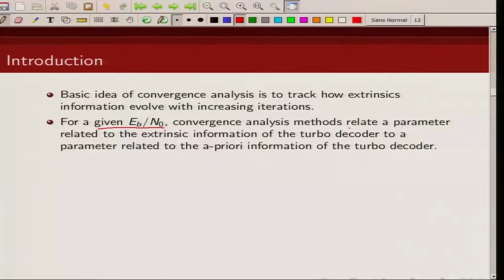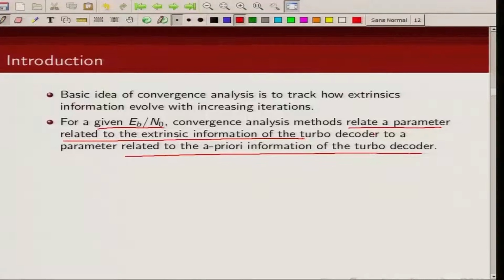We try to relate a parameter which is related to the extrinsic information of the turbo decoder to a parameter which is related to the a priori information. As I said, in this soft input, soft output decoder, the only things changing are the a priori information and the extrinsic information. So, we want to track how they grow with iteration.